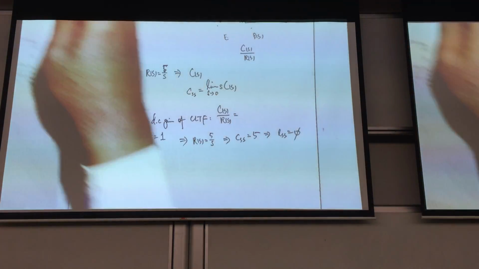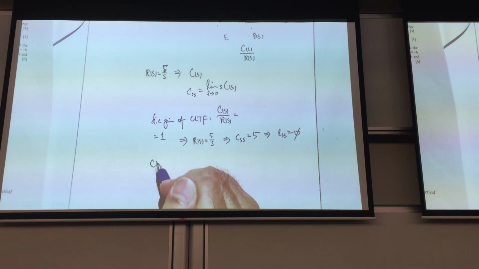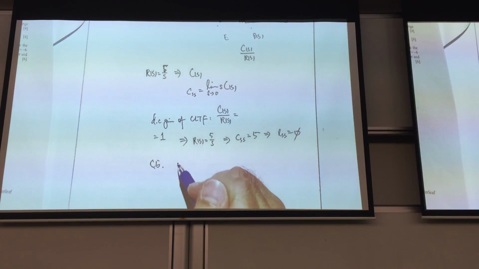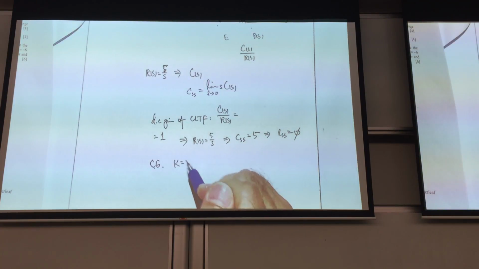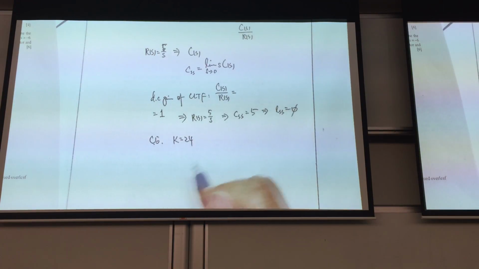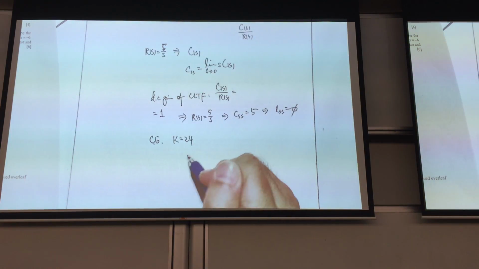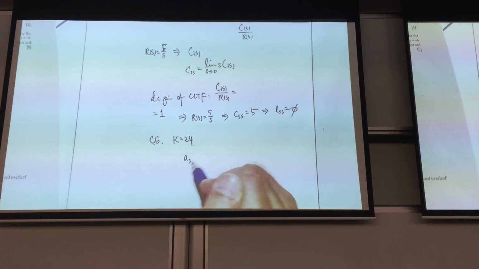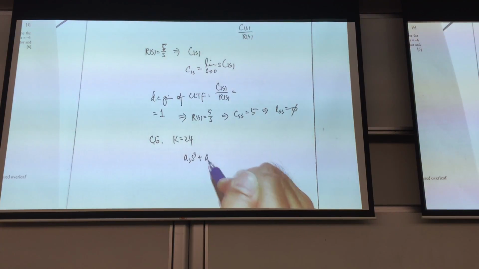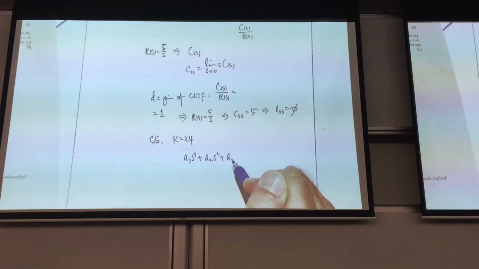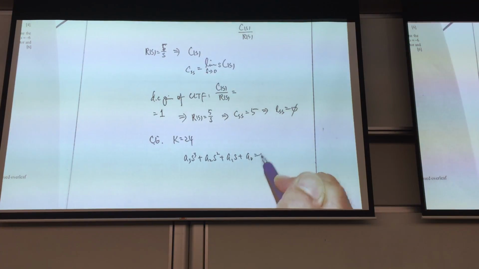So what happened here is you need to basically work out your characteristic equation when k is equal to 24. It's going to be a third order characteristic equation, so it's going to be equal to a3 s cubed plus a2 s squared plus a1 s plus a0 equal to 0.